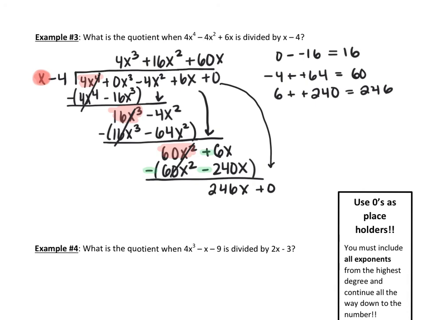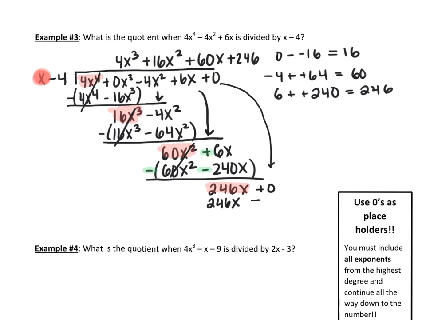So now you want to ask yourself, how does x multiply to 246x? So we're just going to multiply this by 246, and then 246 times x is 246x, and then we type in 246 times 4. So you can go ahead and pause the video, type in 246 times 4, and hit resume when you're ready for the answer.